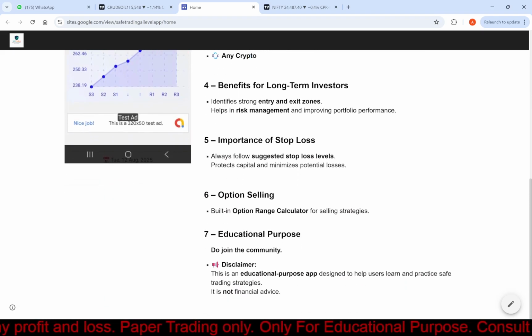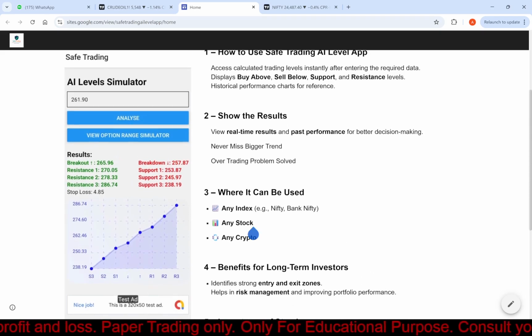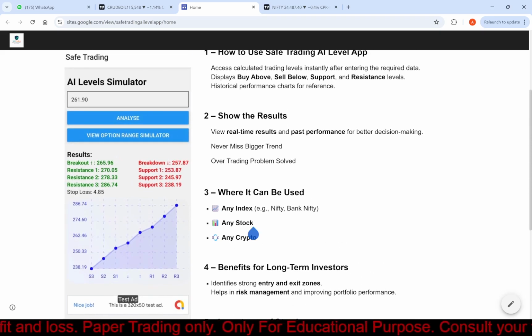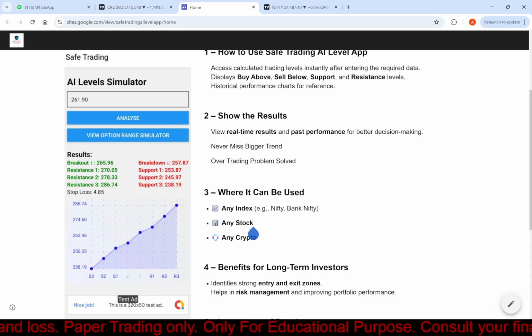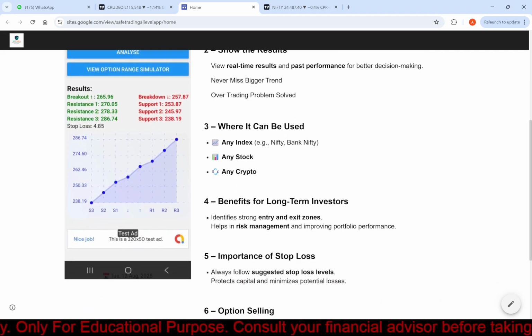And last but not least, this is a simulator kind of thing, just like an aeroplane simulator, right? So it's not a real device, okay? It's an AI based app, and internally it takes care of all the technical indicators, studies the historical data, runs the algorithm, and calculates the levels.